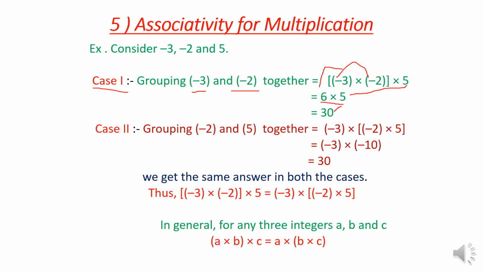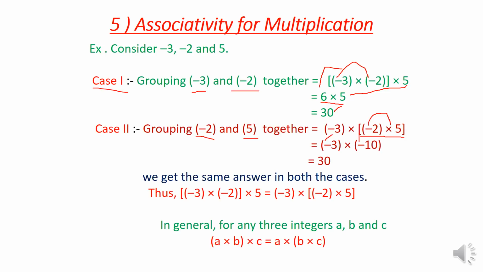Now, similarly, in case 2 what will we do? We are grouping minus 2 and 5 together. So, here minus 2 and 5 we have kept in the bracket because we want to group them. Minus 3 will be as it is. Minus multiplied by plus becomes minus, and 2 multiplied by 5, its product will become 10.